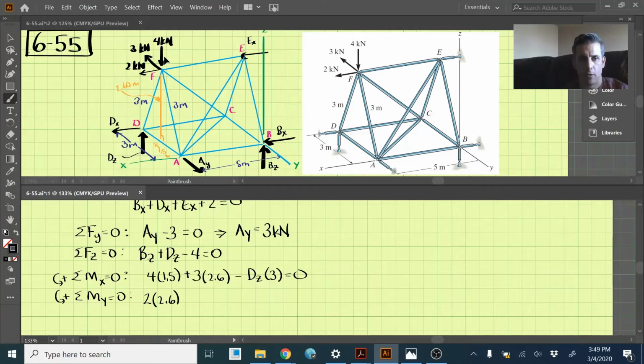Then we have this 4 kilonewton force, which creates a counterclockwise moment around the y-axis, so that's also positive, 4, and the distance it's acting away is 5 meters, this total distance here. What else do we have? Dz is going to create a clockwise moment around the y-axis, so that's going to be a negative value, and the distance it's acting away from the y-axis is 5 meters.